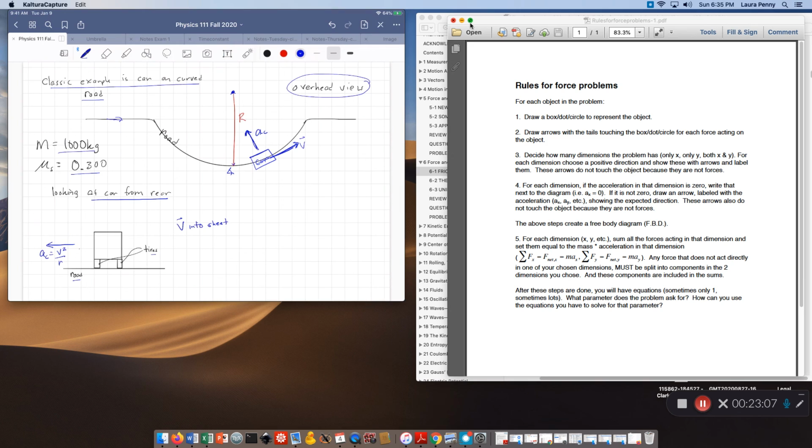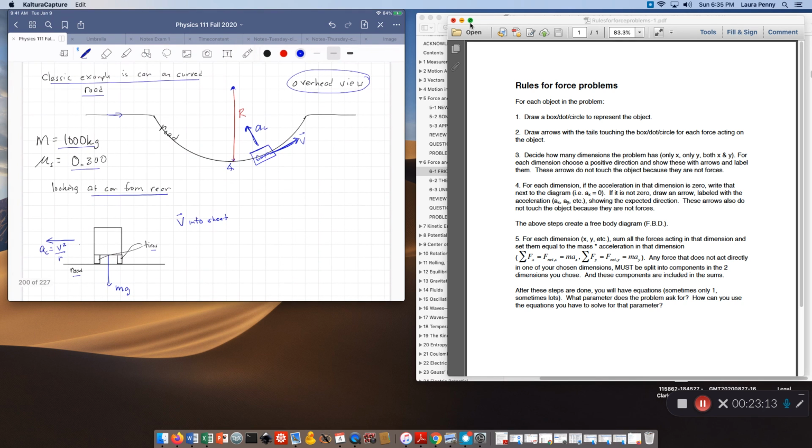I definitely have gravity acting down. Mass of my car times gravity acting down. The road will exert a normal force. And then, let me actually move this slightly over. There's also a force between the tires and the road.